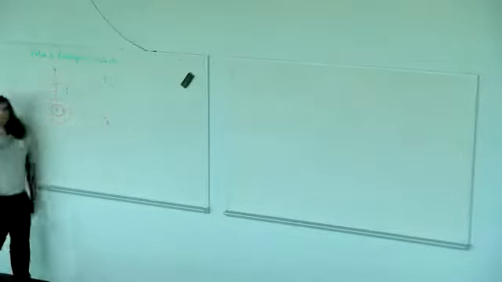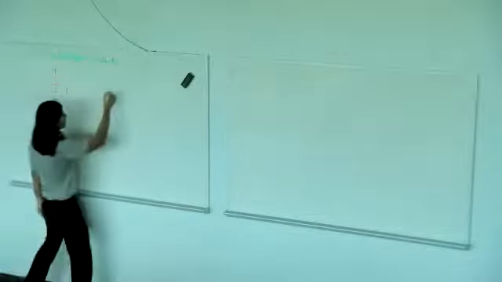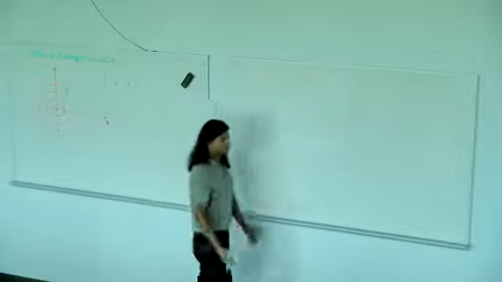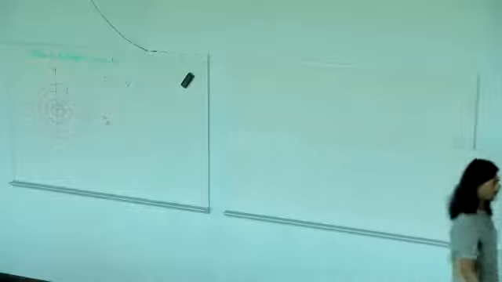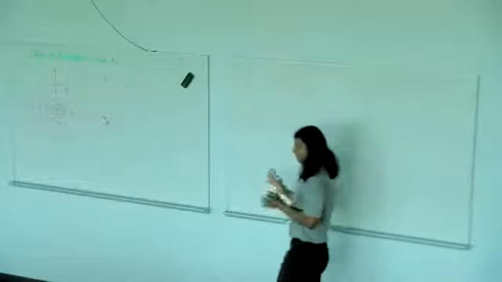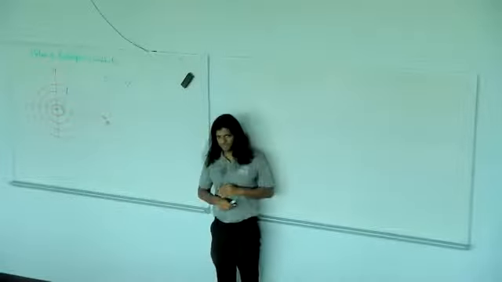r = 3, theta = 72 degrees. And I want to convert this to the rectangular system. Any thoughts as to how we can do this?